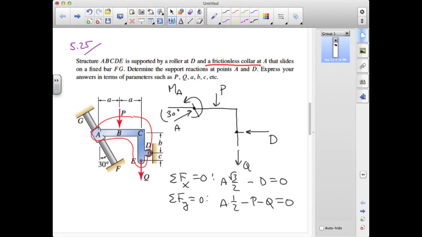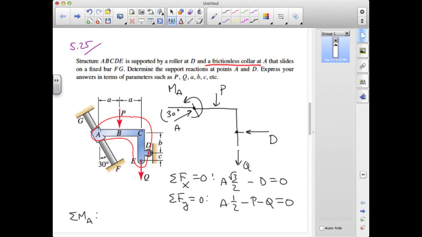The force at A won't contribute anything. I'm still going to have two unknown reactions that appear in that equation. There's going to be the contribution from the force at D as well as the moment reaction at A. But it isn't clear to me that there's a really superior place about which to take moments that gives me just a single unknown in my equation. So I'm going to choose to take moments about A.